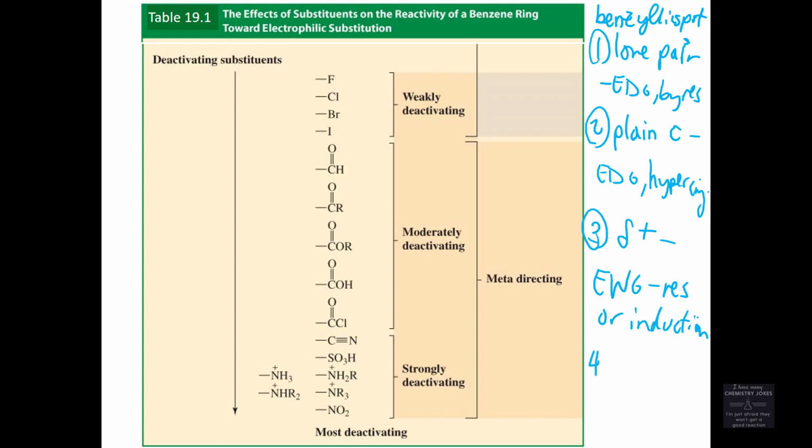And if you have a legit positive, that's a withdrawer. Again, maybe by resonance, maybe by induction. It just kind of depends on which group you have. Partial positive is less of a withdrawer than a legit positive. I think that makes sense to you.